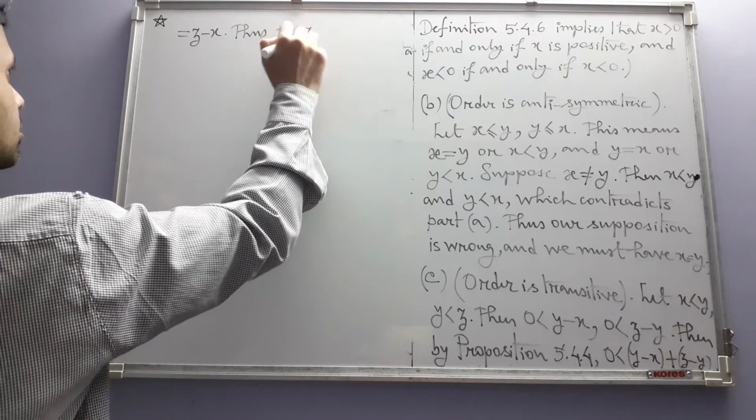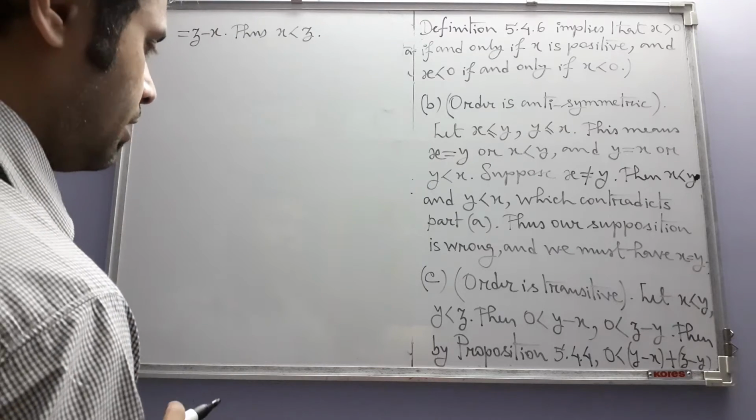Thus x is less than z. This is transitivity.